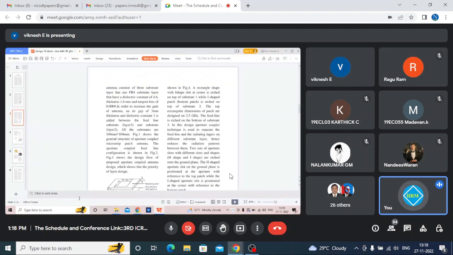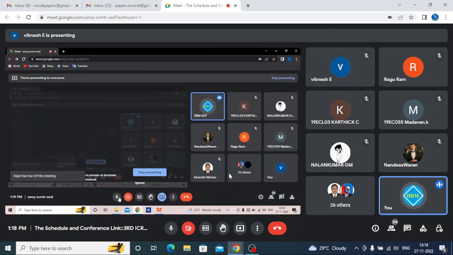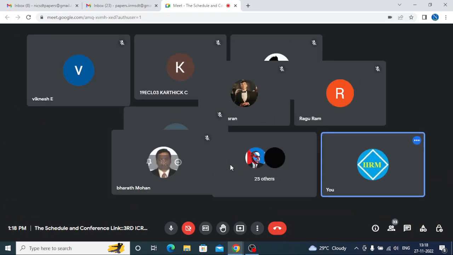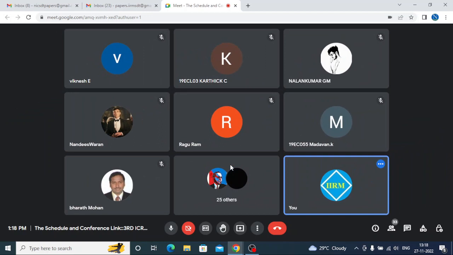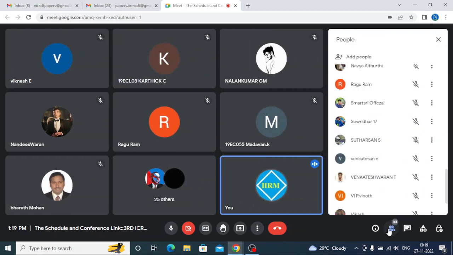The next paper ID is 021. Gas leakage tracking system using IoT. Dr. S. Gopinath, Dr. S. Syed Jamesha, Aishwarya, Pragadishwaran. Anybody there, please? ID number 021.